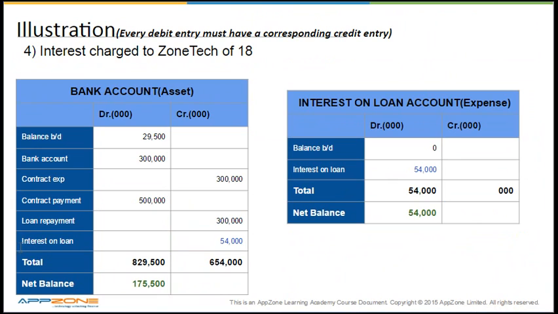It is something we promised, an obligation we took on our own. It is the price paid for the loan collected. So we will be expensing it. To expense it, it will be given from our bank account to the interest on loan account, to the tune of 54 million.